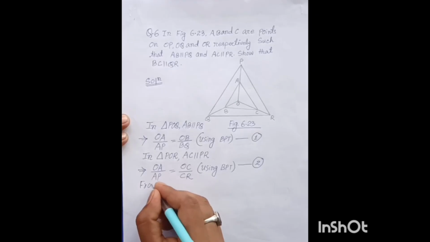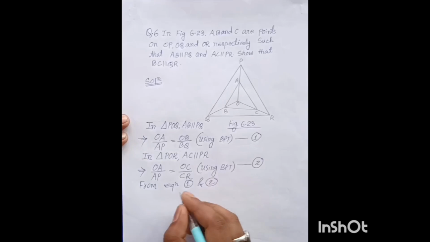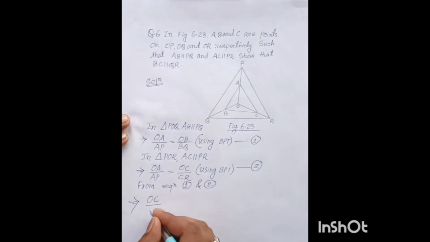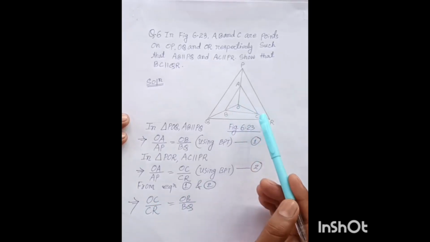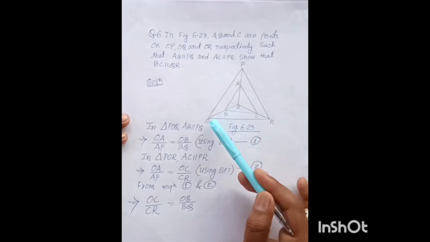Now compare equation number 1 and 2. From equations 1 and 2, on the left side we have OA by AP in both, and on the right-hand side we have OB by BQ and OC by CR. So compare these two; don't write the common ratio, just write these two ratios: OC by CR equals OB by BQ.